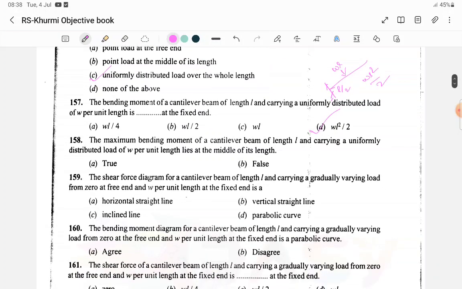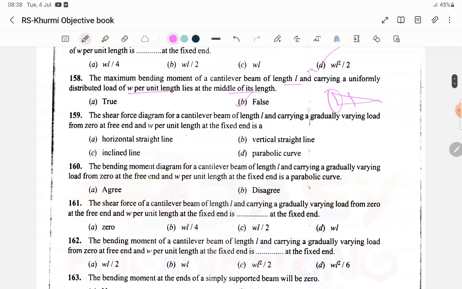Maximum bending moment of a cantilever beam of length L carrying uniformly distributed load W per unit length lies at the middle of its length. No, its maximum bending moment lies at the fixed end. So 158 is B. By the diagram also you can say the moment here is less compared to here.